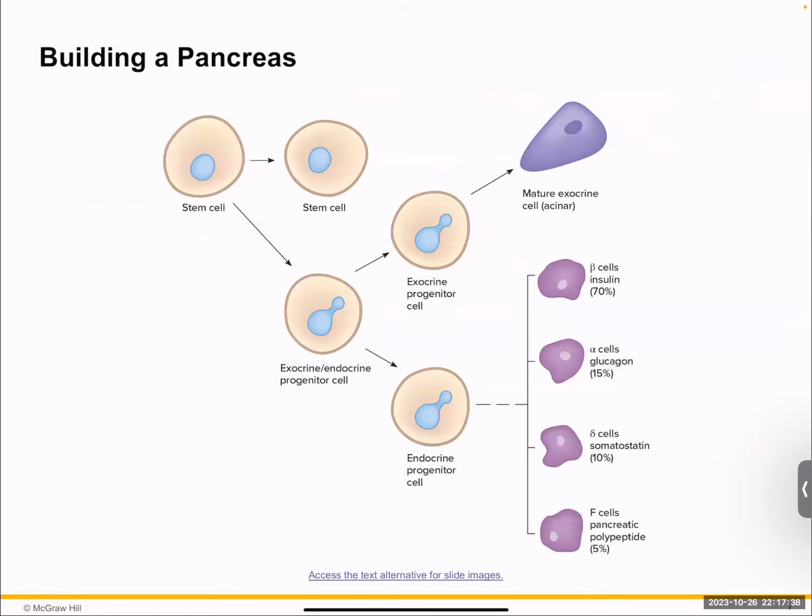Here is a depiction of what we're talking about. Again, here is a progenitor, here's a stem cell that has the ability to replicate, right? So it's replicating itself. And then it also has the progenitor cells right here, where it hasn't really determined if it wants to be an exocrine and endocrine, right?